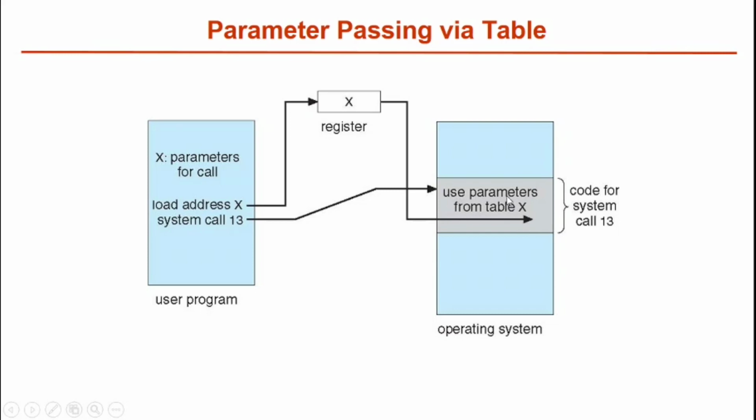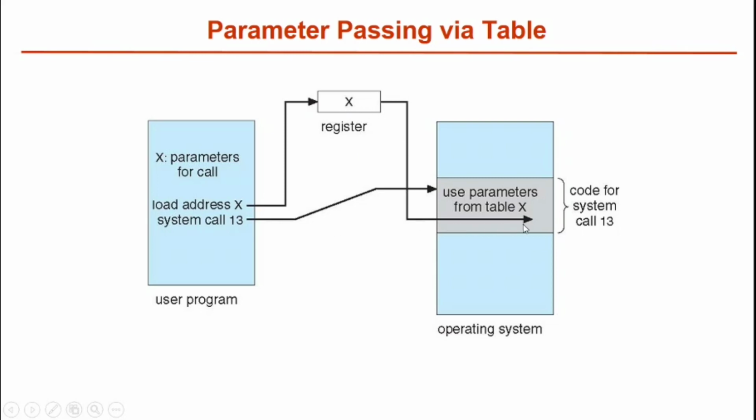So the operating system uses the parameter from the table x, and the code for system call 13 will be executed. X is the parameter for the call, and we load the address of x.